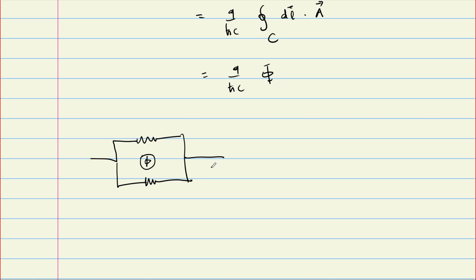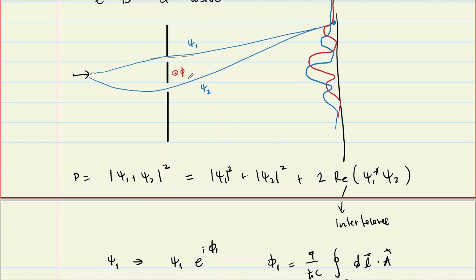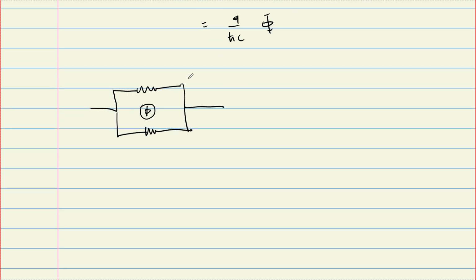Now we know there's some interference pattern here, and this is exactly like a double slit experiment, right? There's no difference. If the interference here is going to change with the flux, one can anticipate that the total conductance is also going to change with flux.